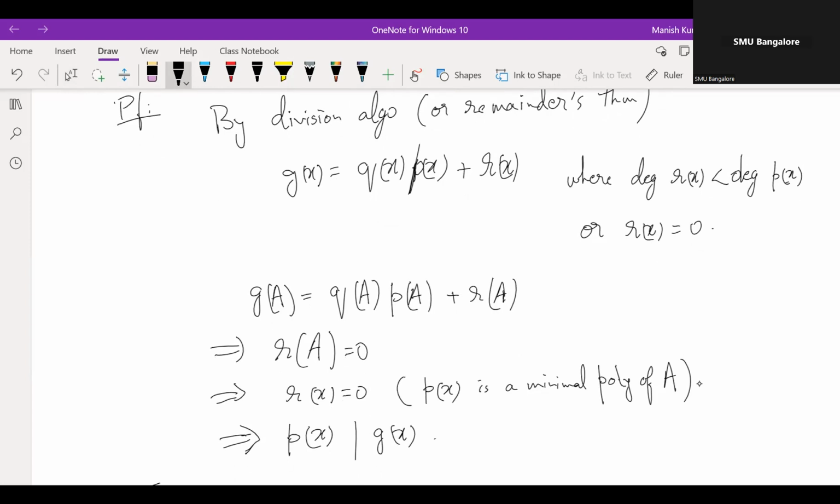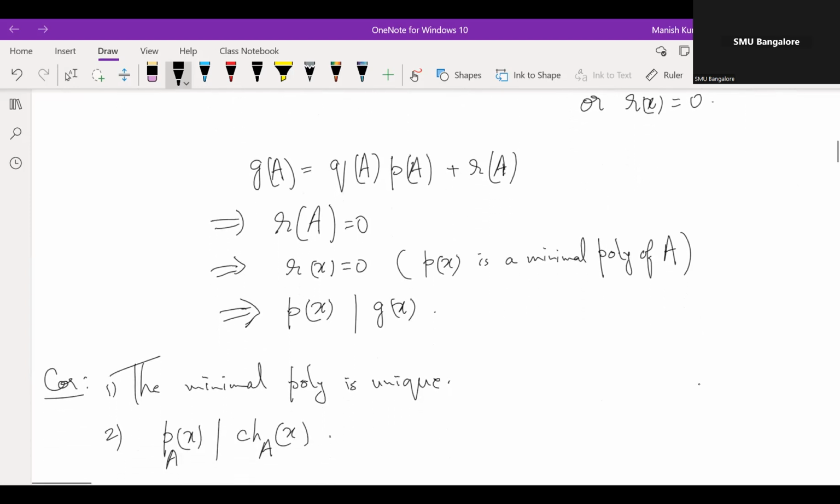As a consequence, we see that the minimal polynomial is unique. If there is another polynomial of the same degree, then it has to divide.